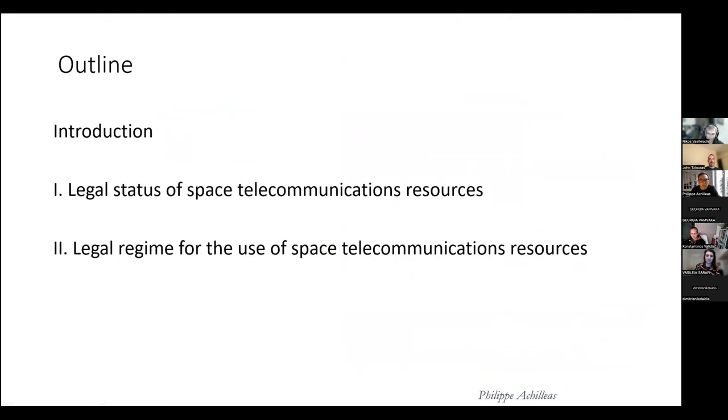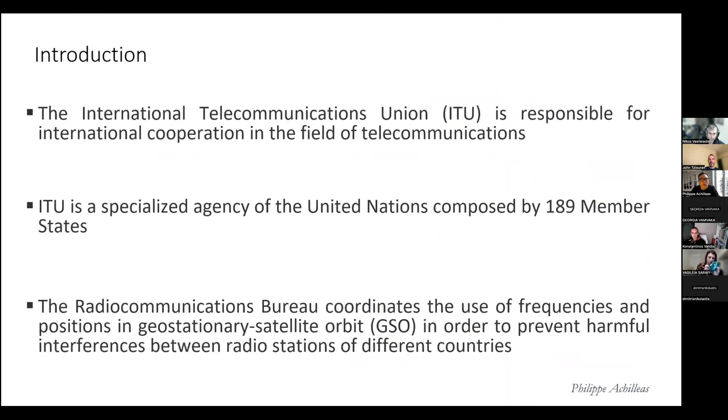After an introduction, I will present the legal status of space telecommunication resources, and then the legal regime for the use of space telecommunication resources. So first of all, here we are moving from international space law to international telecommunications law.